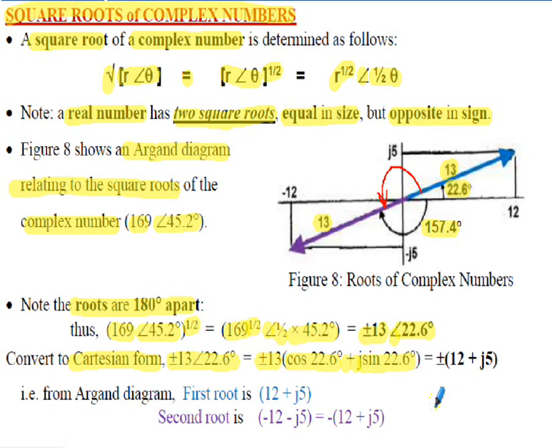If you evaluate that expression, you will get positive and negative 12 plus j5. In other words, positive and negative 13 multiplied by the cos of 22.6 degrees will give you positive and negative 12, and the positive and negative 13 multiplied by j sine 22.6 degrees will give you plus or minus j5. I'll let you undertake the calculations for yourself.